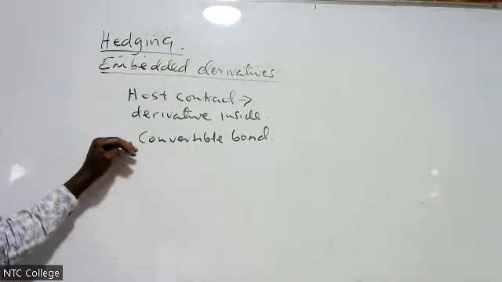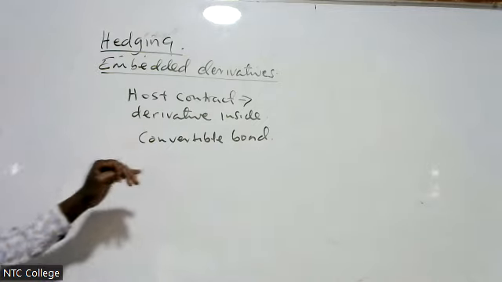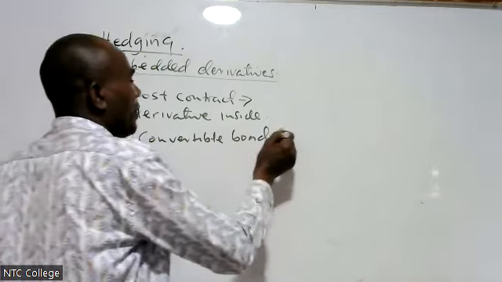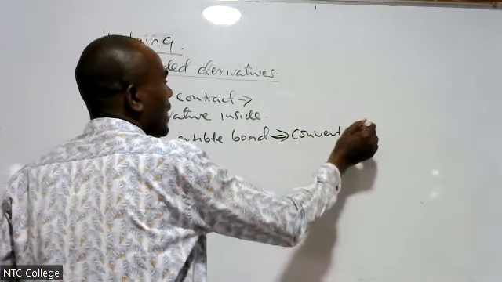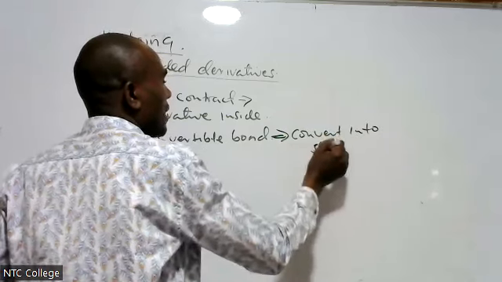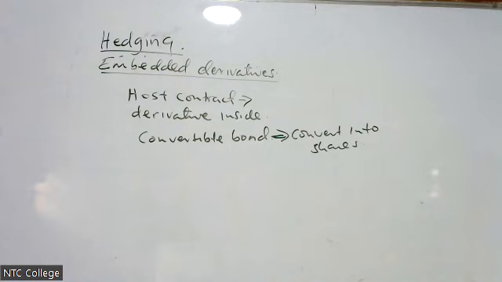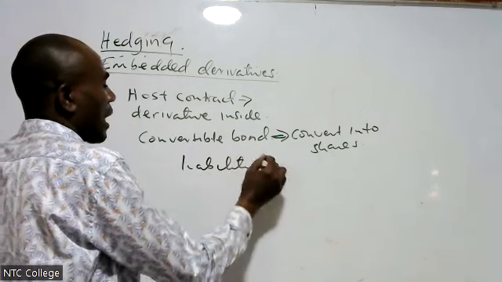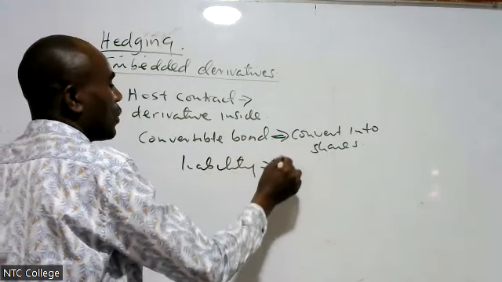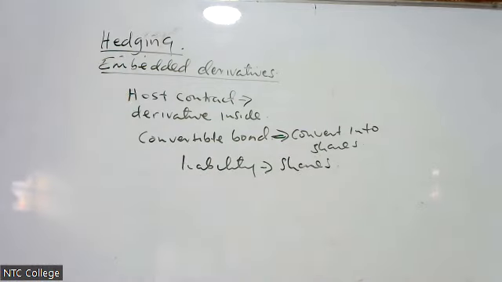A convertible bond means that in future, I will convert this instrument into shares. Therefore, today it's a liability, which is a bond, but in future it will be shares.